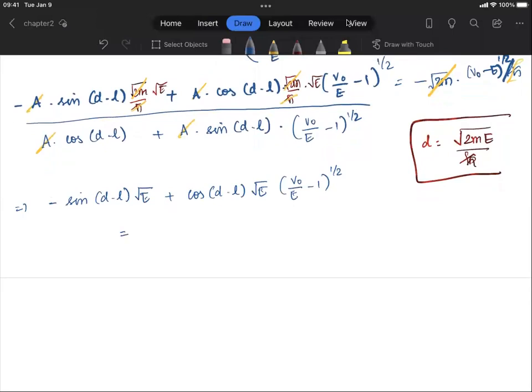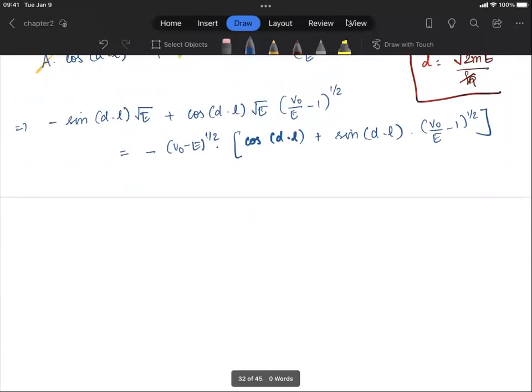this will be equal to negative. I'm going to multiply this with that. So I'll get something like this.